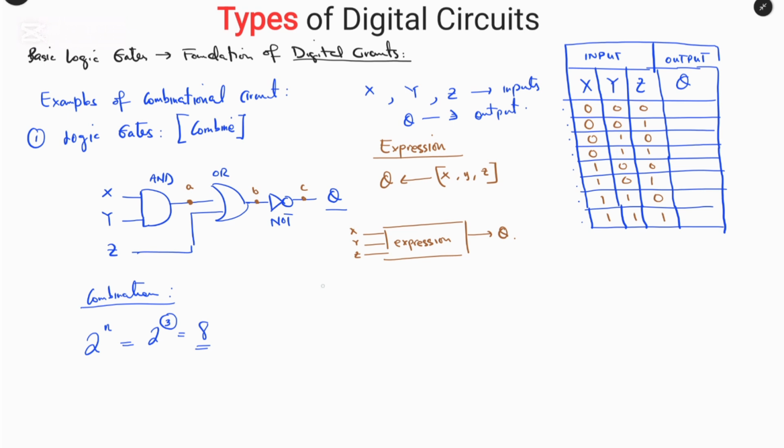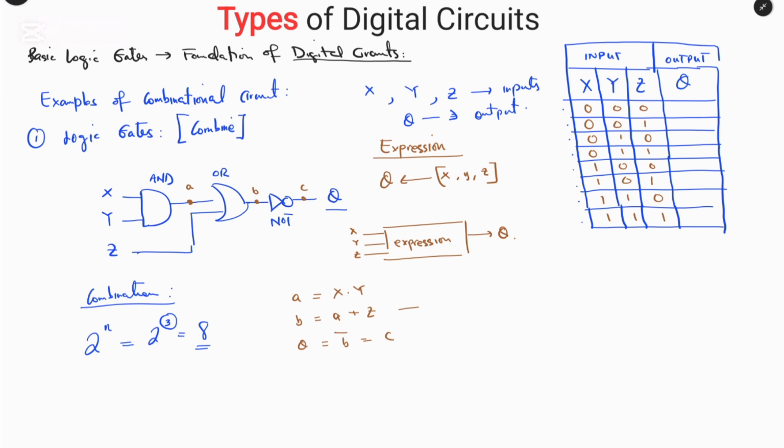To derive, we can say A is equivalent to X dot Y, and B is equivalent to A plus Z, and Q is equivalent to B bar. So B bar is equivalent to C. So Q is equivalent to C, the inverted value of B.